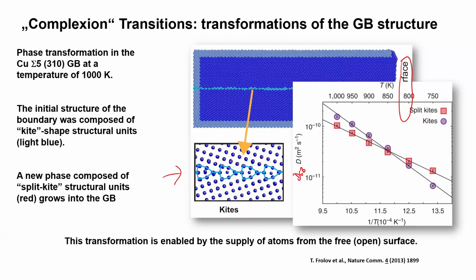You have at a given temperature different values of the diffusion coefficient. And because you have a crossover, it means you have different slopes. So the activation enthalpies for diffusion in these different structures vary. So activation enthalpy is just a slope in this representation, right?